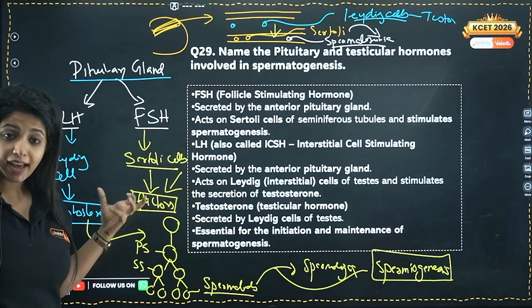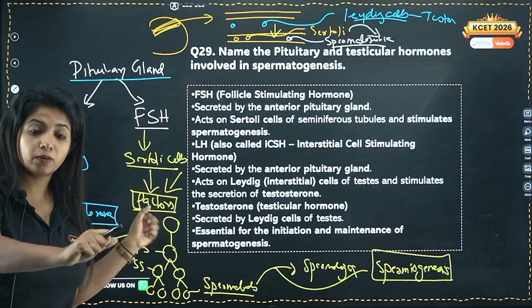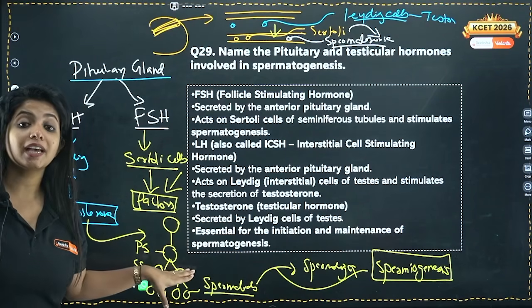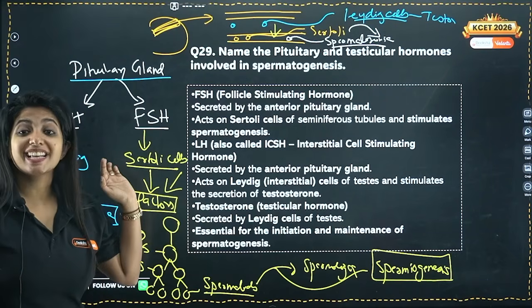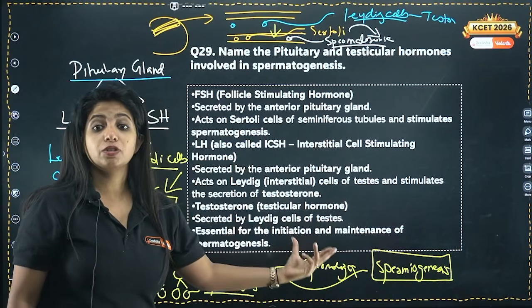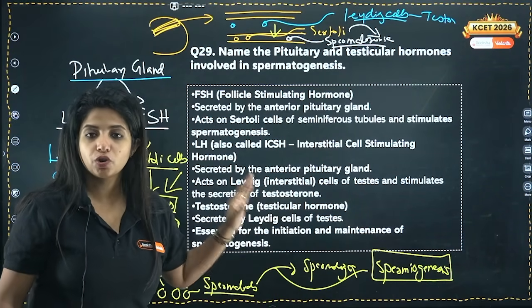Testosterone is an androgen. Make sure the androgens have been bound up and they are staying upright over here, such that the whole process can take place smoothly, because without testosterone this process cannot happen, especially the process of spermiogenesis, the formation of spermatozoa, that needs a high amount of testosterone.